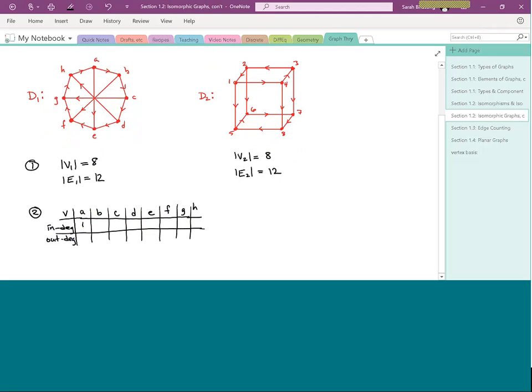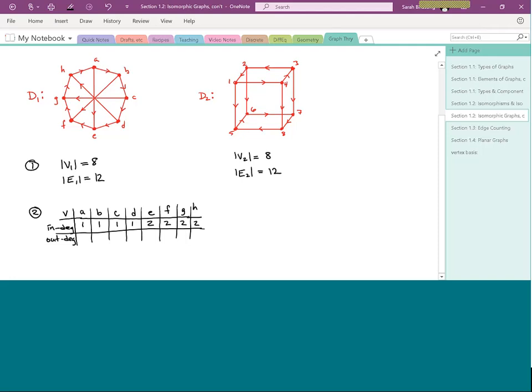Now, what about for B, C, and D? What would be the in degrees for those guys? Yeah, they're actually also all going to have an in degree of 1. But what about for the last 4 vertices? Are they going to have an in degree of 1 or something else? Yep, the last 4 have an in degree of 2.